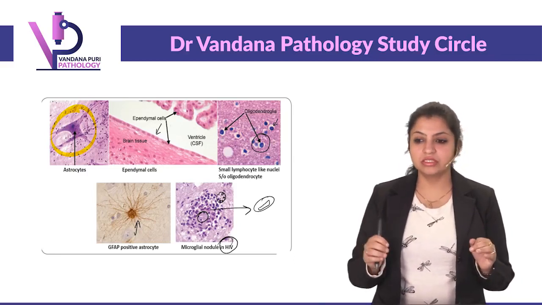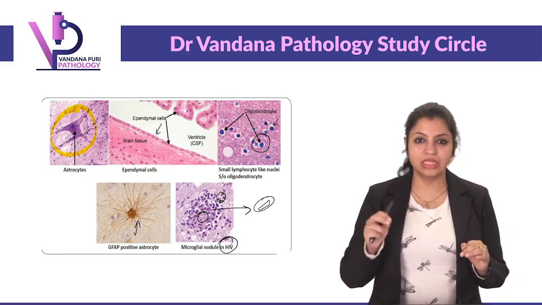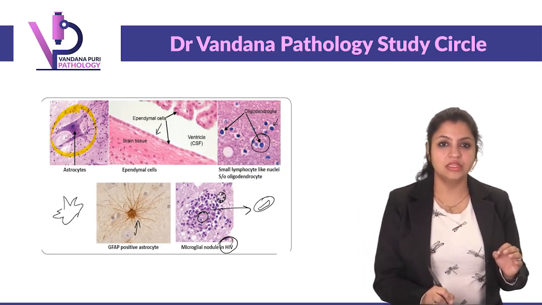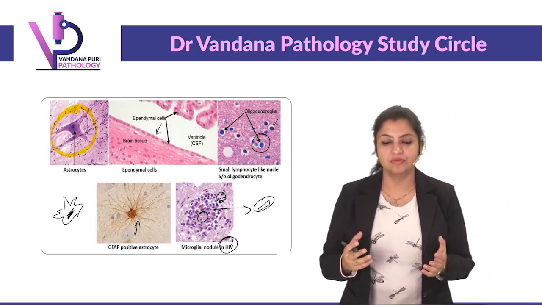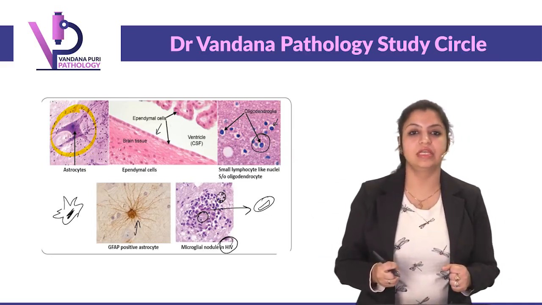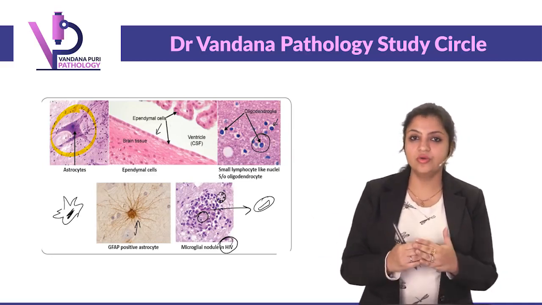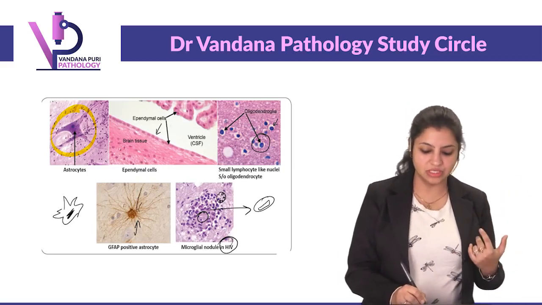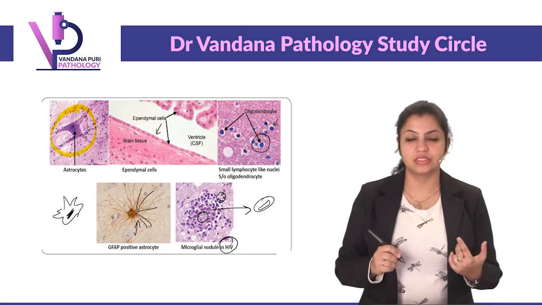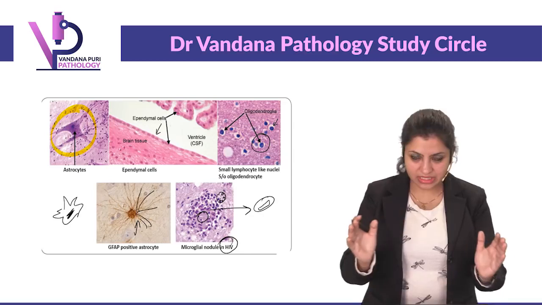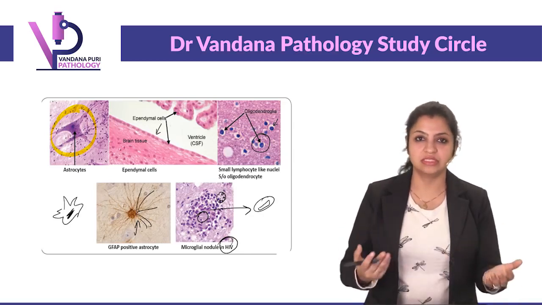Sometimes when astrocytes are injured or irritated, these star-shaped cells can cluster the GFAP together. We'll see later what happens when the GFAP clusters in them. For now, remember a GFAP-positive astrocyte is a star-shaped astrocyte, and you can see the star-shaped projections coming out. So this is the basic configuration of CNS cells.